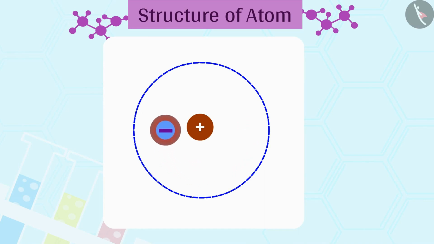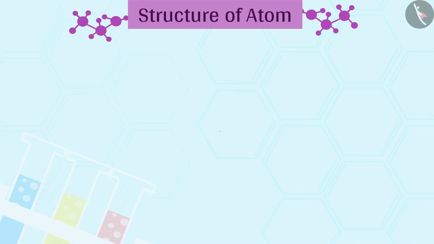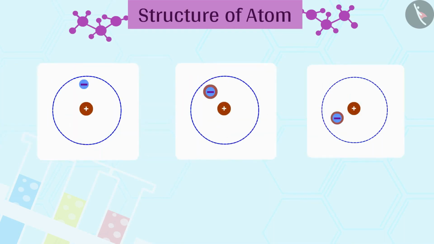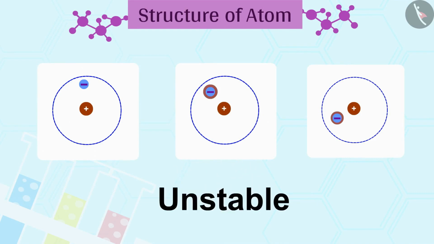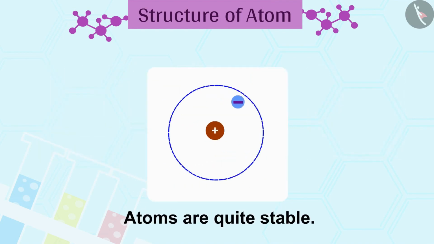Thus, the revolving electron would lose energy and finally fall into the nucleus. If this were so, the atom should be highly unstable, and hence matter would not exist in the form that we know. We know that atoms are quite stable.